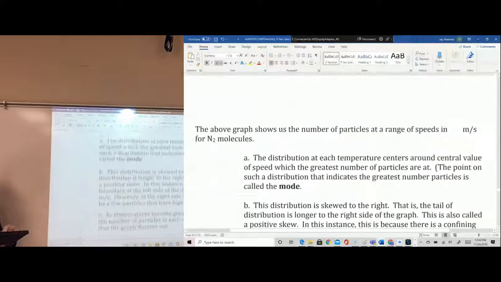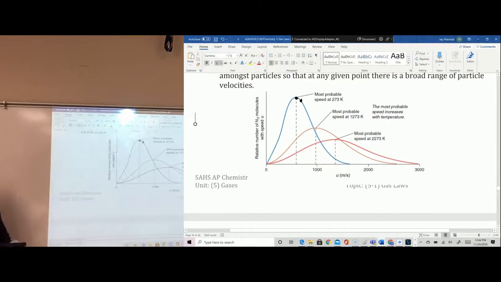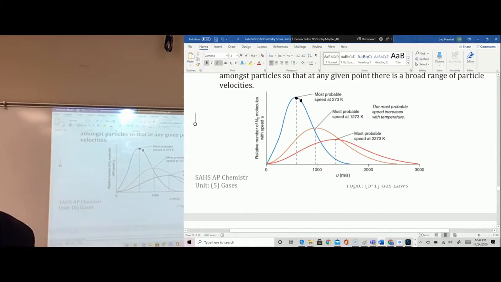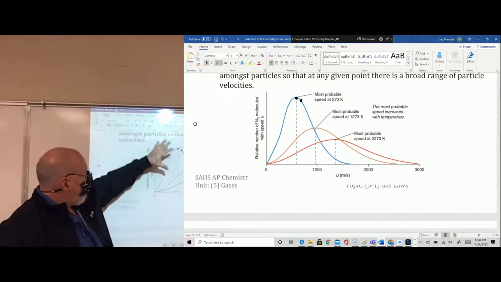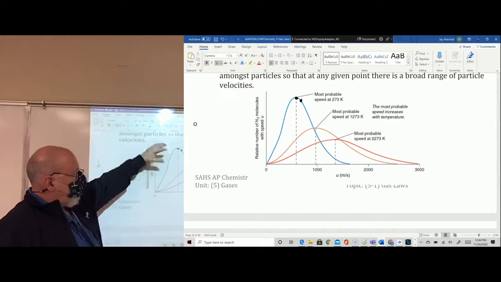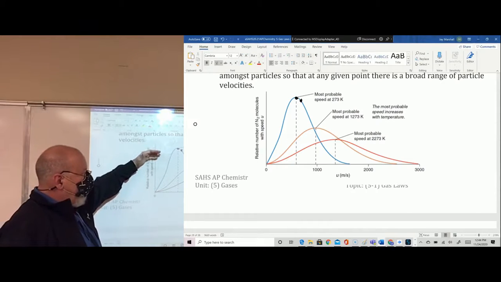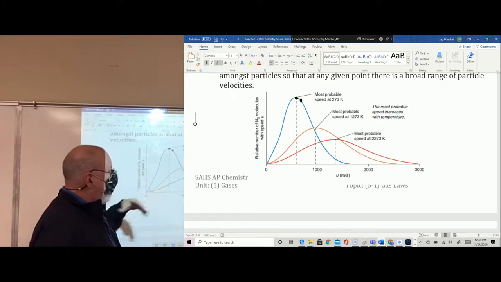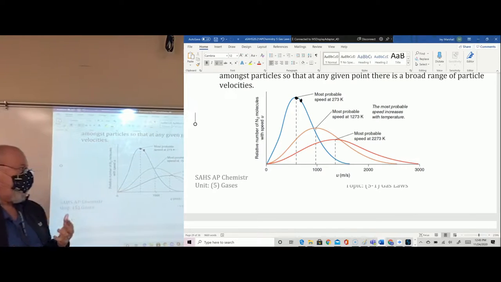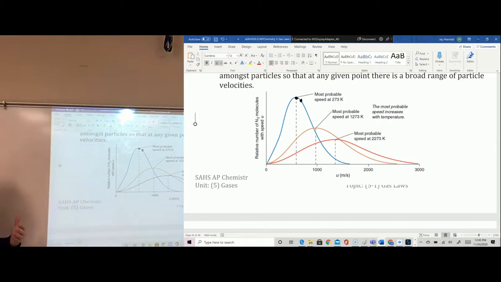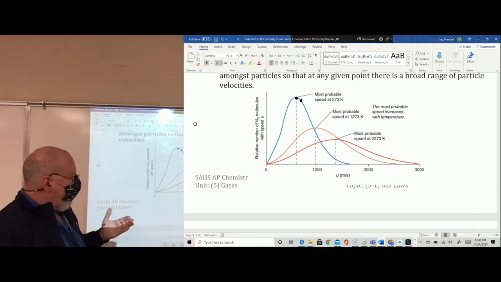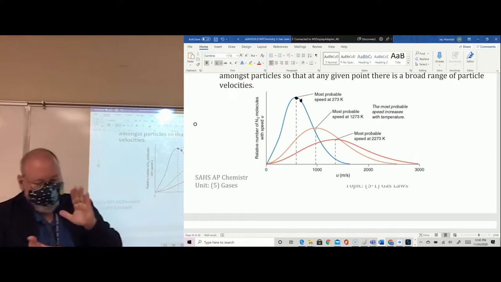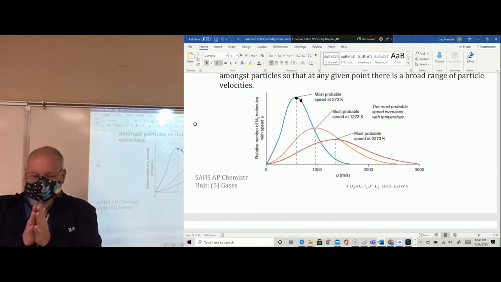So when we talk about this, you may think, well, if I have a bunch of nitrogen here and I have something that nitrogen can react with, all of these particles are available to react with all of the other particles. The fact of the matter is that first of all, I have to collide with something in order to react, right?